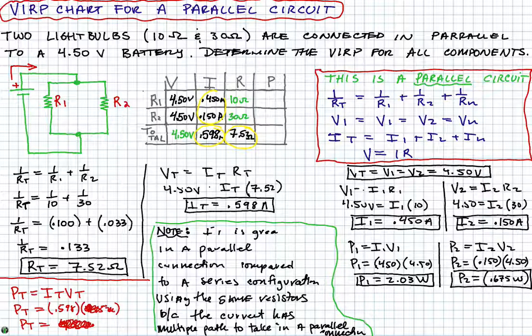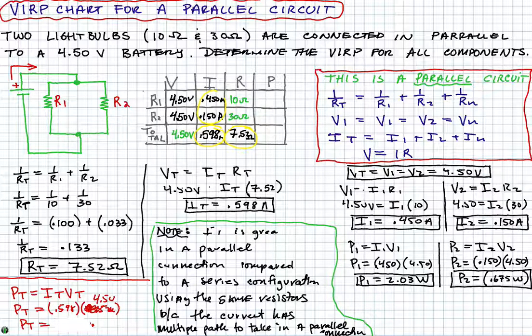So the VT is actually, this should be 4.50, and 0.598 times 4.50.